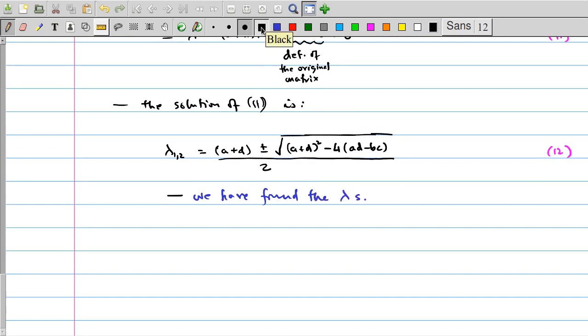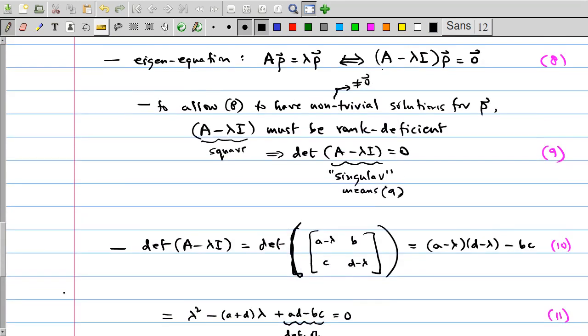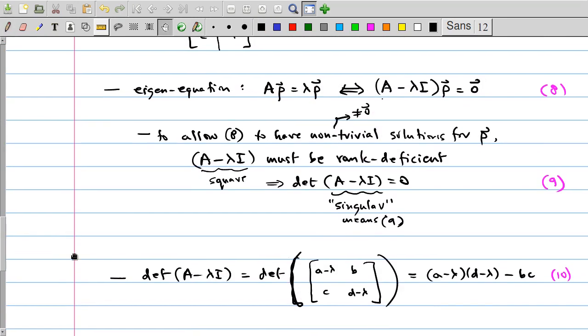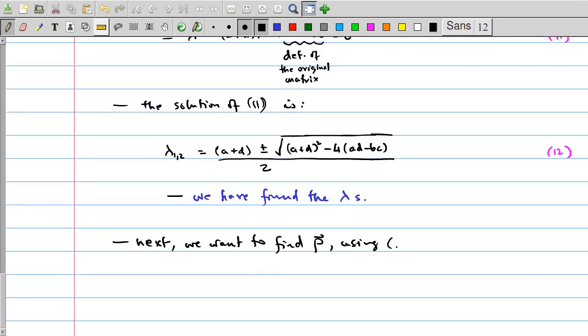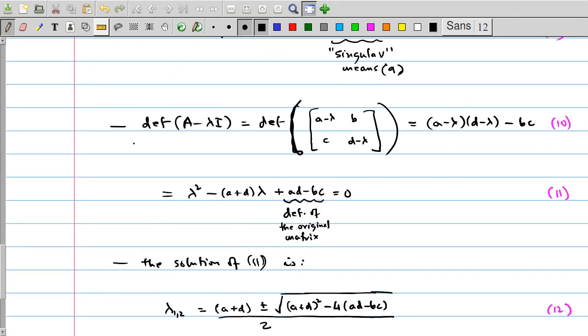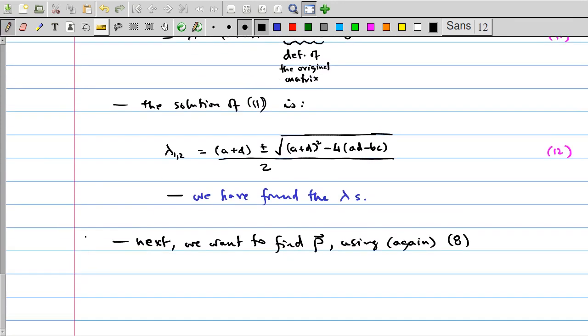So next we want to find P, using again equation 8. 8 is just the eigenequation. Okay, so now we'll just move this to another page.